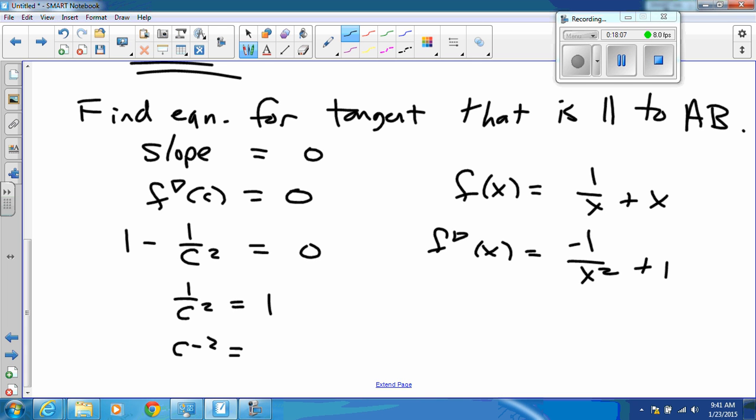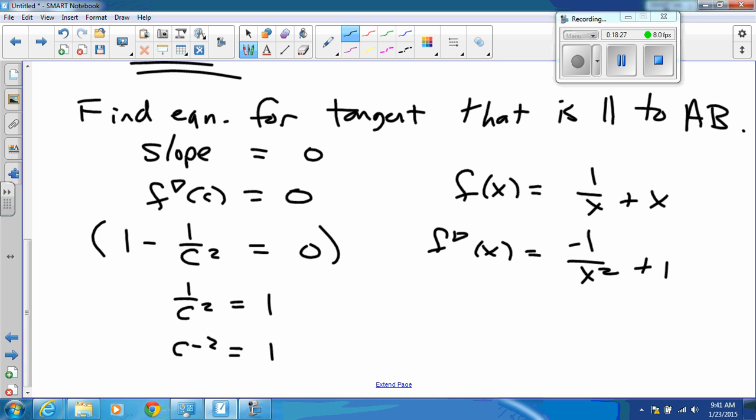Okay. Don't you also get c equals negative 1? Okay, so we need a way of doing this that doesn't leave us stranded like that.